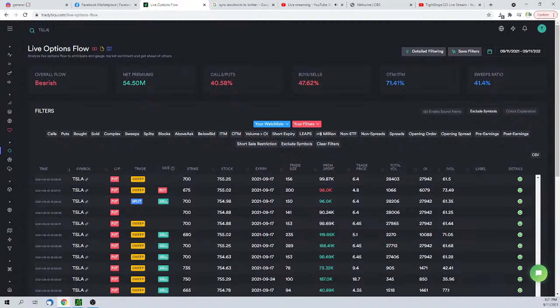So 60% of these were calls, or excuse me, puts, because the 40% number is how many calls they bought versus puts. So this is actually 60% puts that were bought, and only 40% of calls were bought that day. That's a sign that the stock was going to go down also.